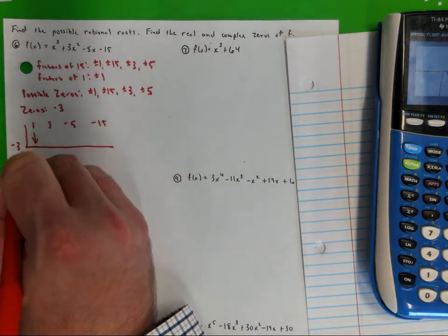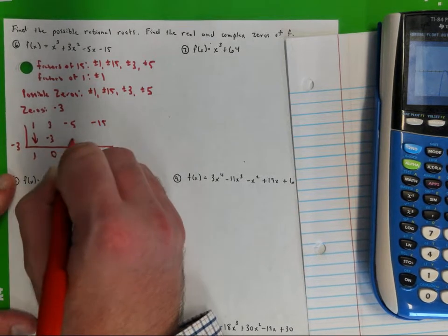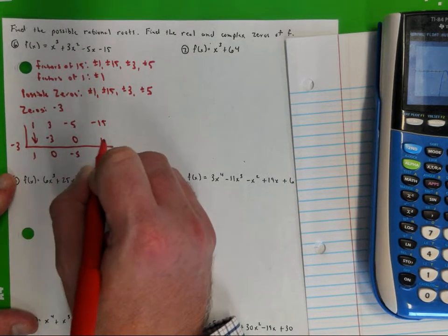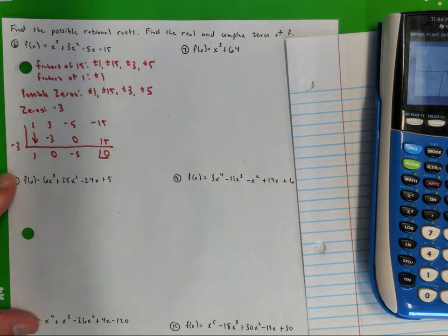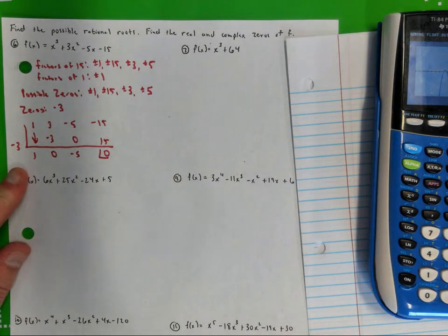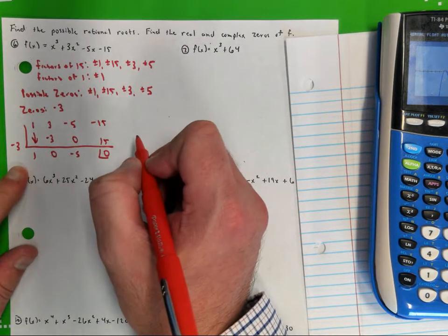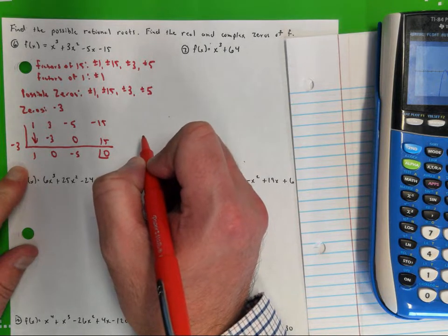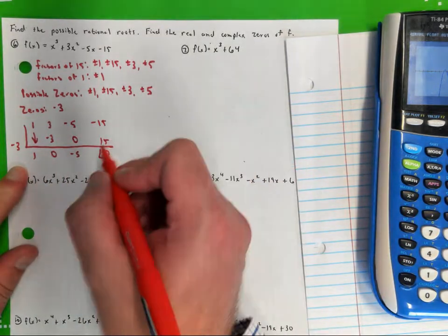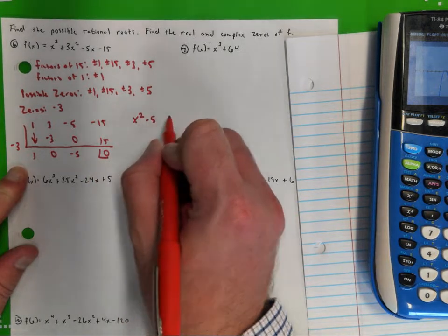I'm going to bring this down. -3 times 1 is -3. It gives me 0, 0. Alright, so now I have my quadratic, x squared minus 5.